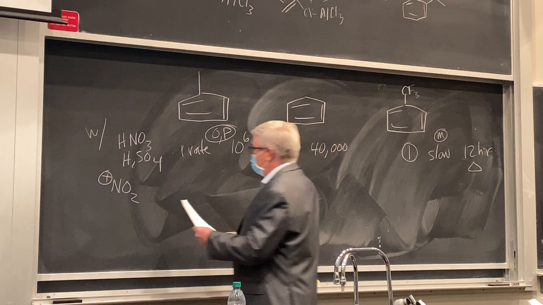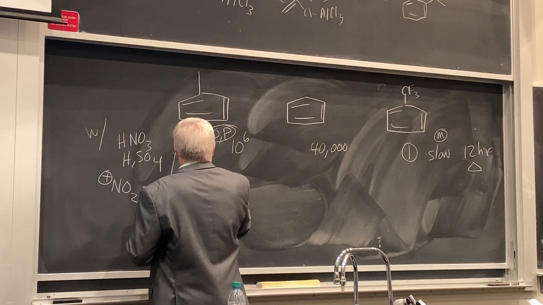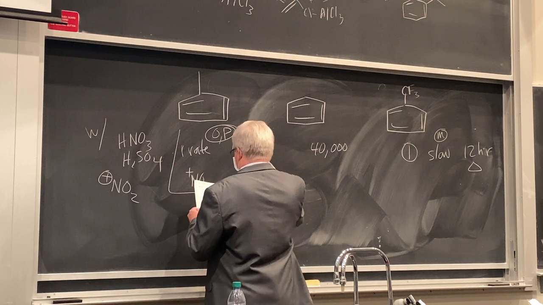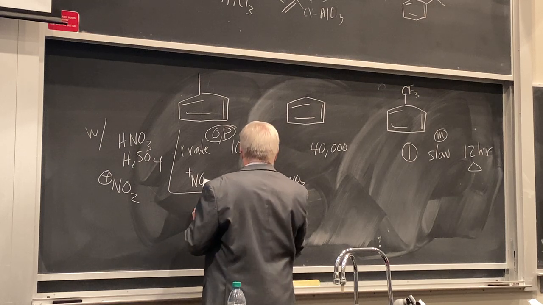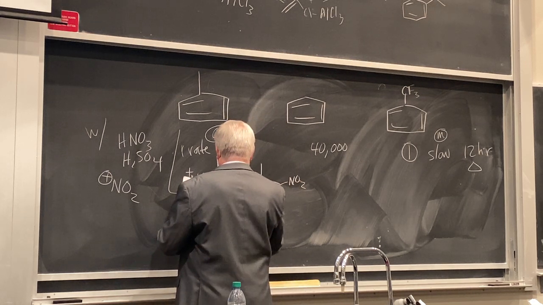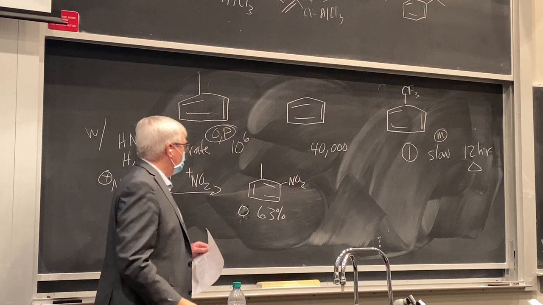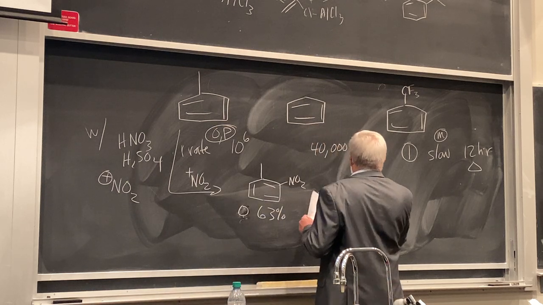So let's look at the data. Let's take toluene, NO2, and we're going to get ortho, 63%. And I'll give you the actual numbers for these experiments first. And we get some meta product.